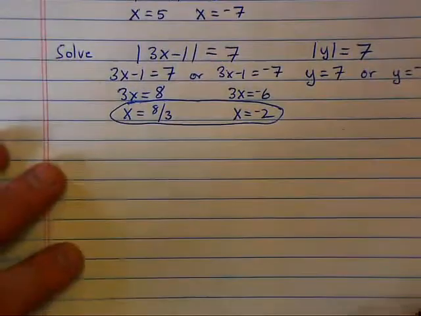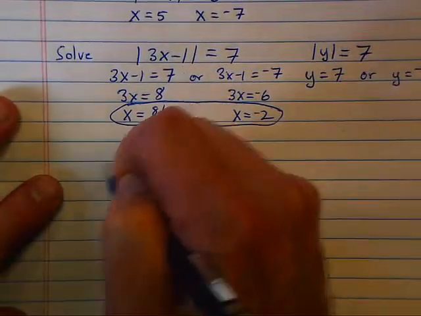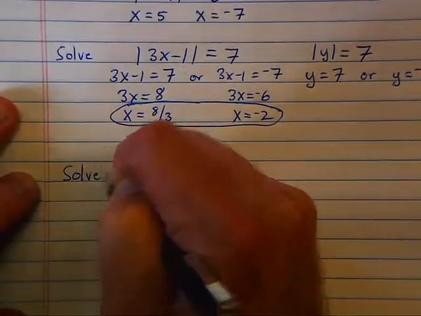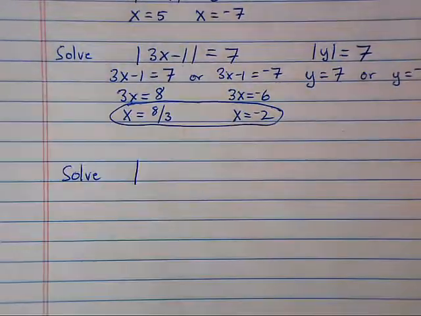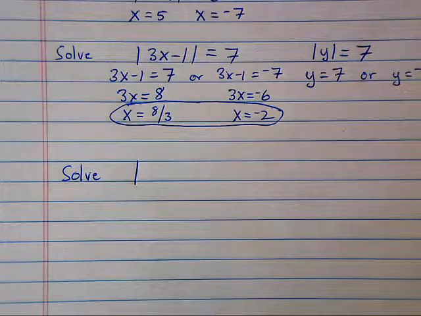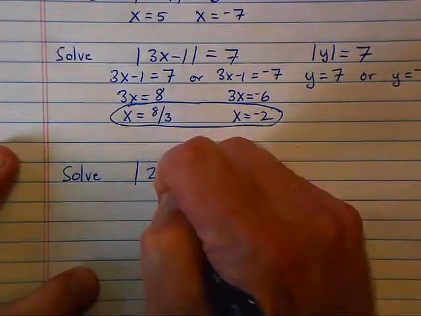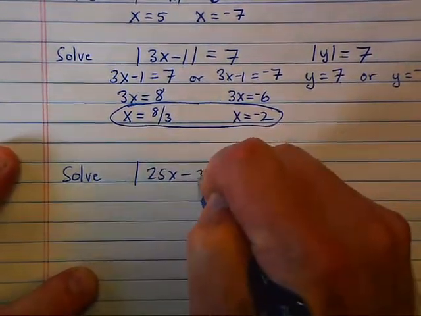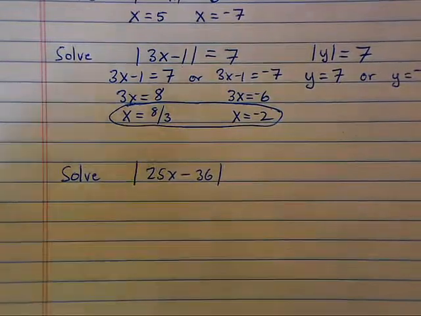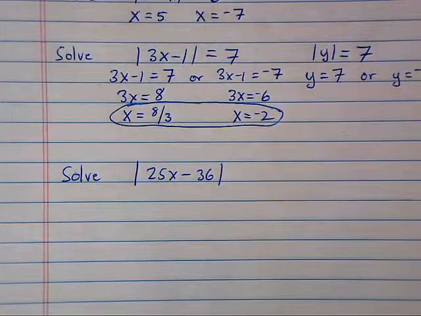All right, let's try another one. Absolute value of, oh, I don't know. Give me some expression. Anybody got an expression they like? Like big numbers? Sure, why not? 25x minus 36. I don't know if those are big or not. Fairly big.